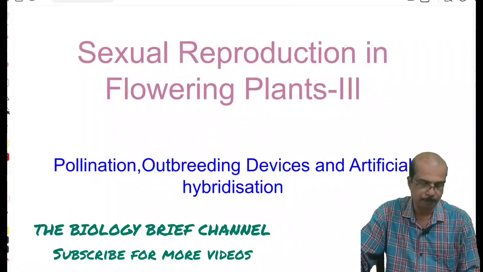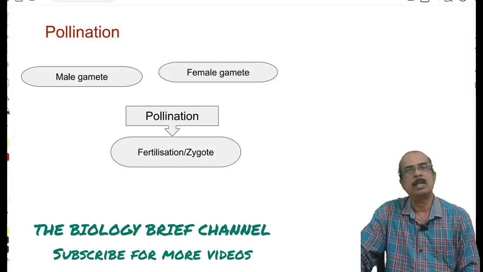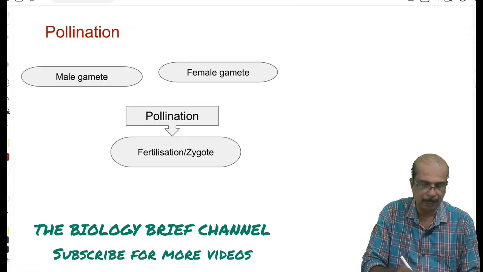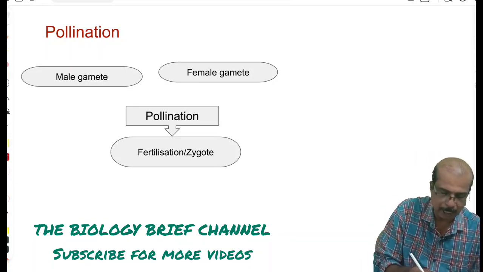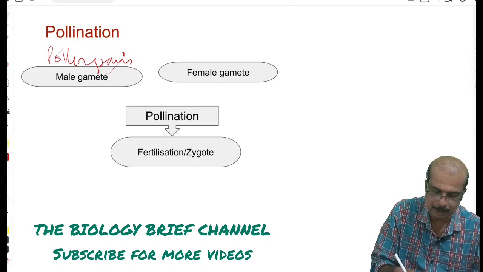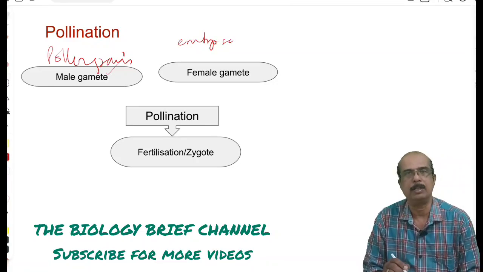Let us move. In the previous class, we have studied that in angiosperms, male gametes are produced inside pollen grains. Meanwhile, female gametes are produced inside the embryo sac, which is the female gametophyte.